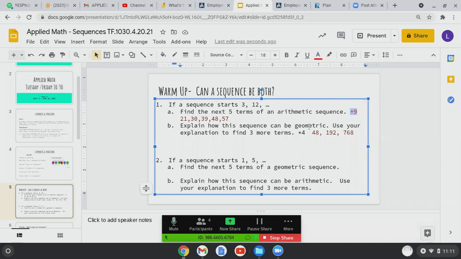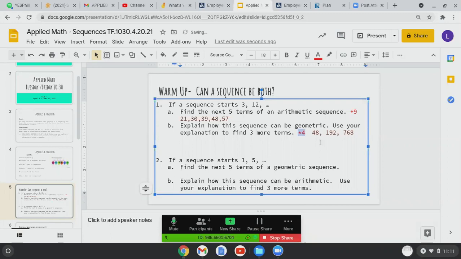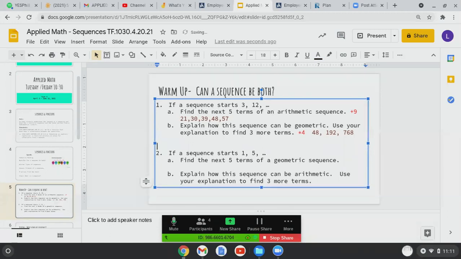But if this were a geometric sequence, then you could use that same start if you were multiplying by 4, and then you would continue the sequence. So that just shows, depending on the start, it can be an arithmetic or a geometric sequence, depending on what you see. And in both instances, you will be correct.